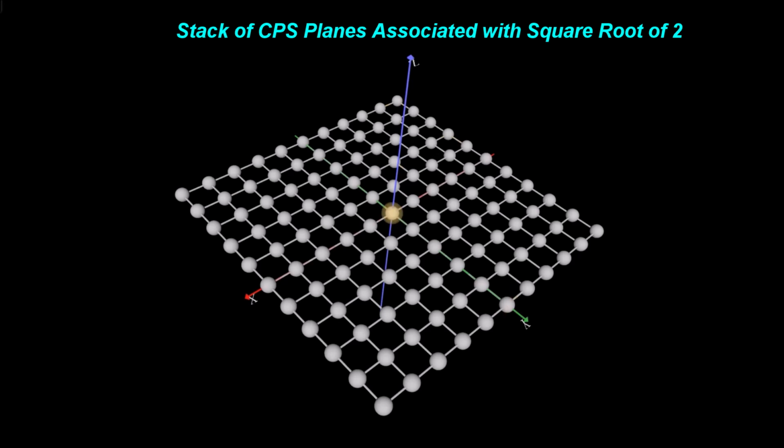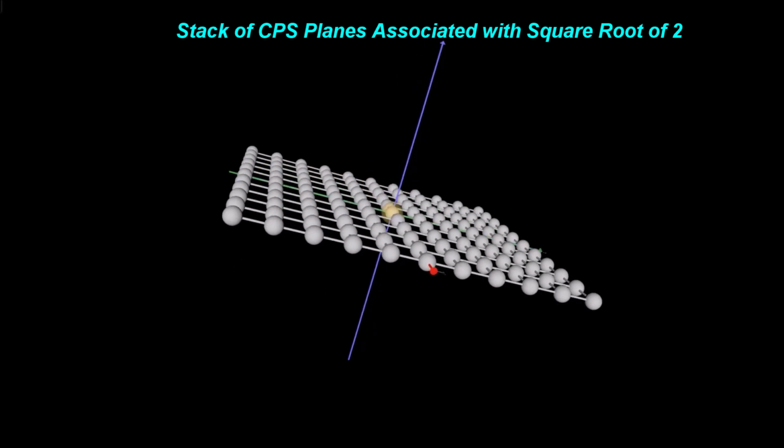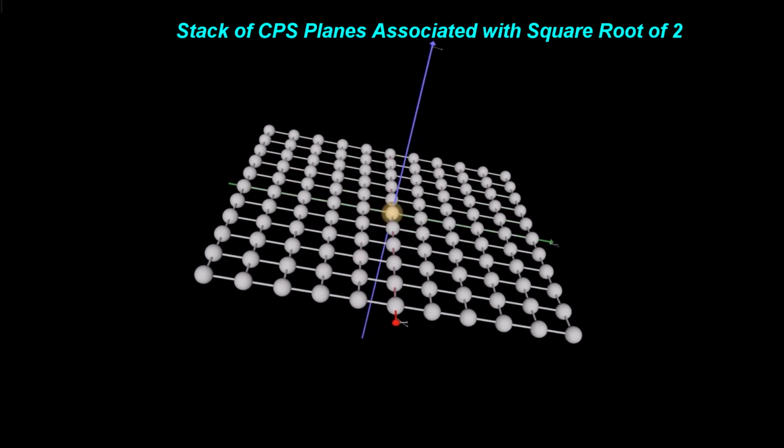With this, the Cartesian space has been replaced by the CPS space. A closer examination of this space reveals lines, planes, and other interesting patterns and properties waiting for us to explore and understand.